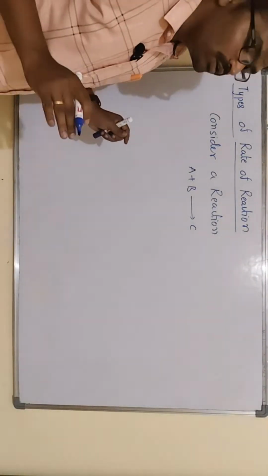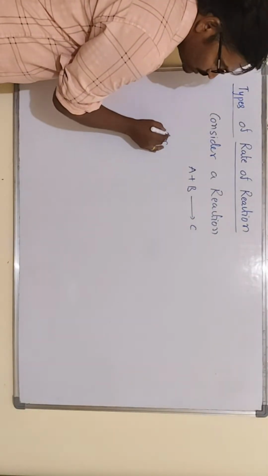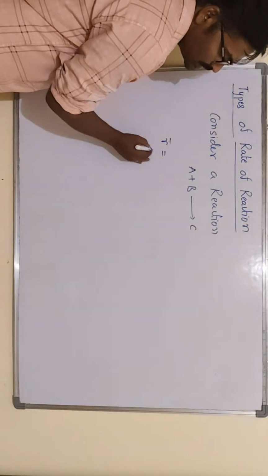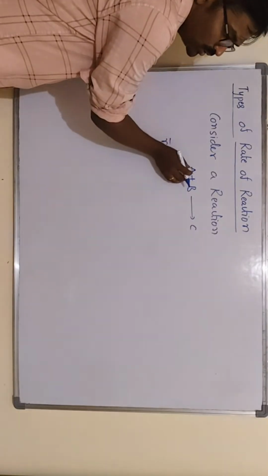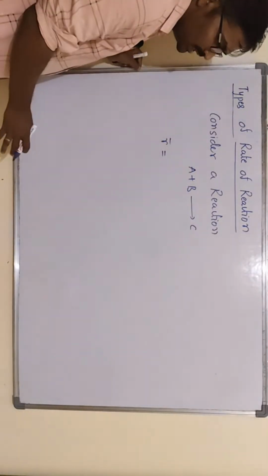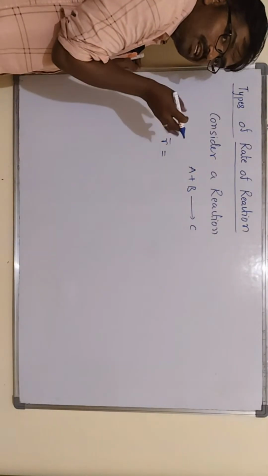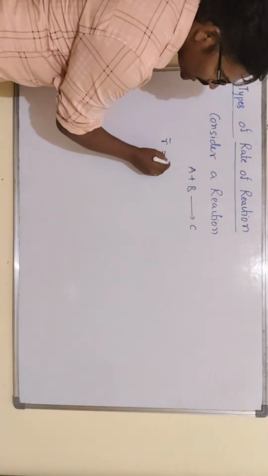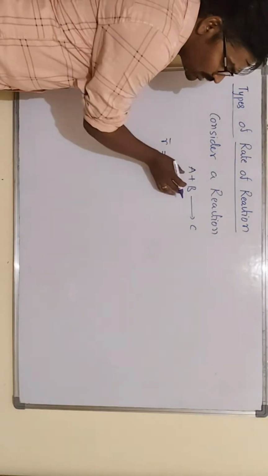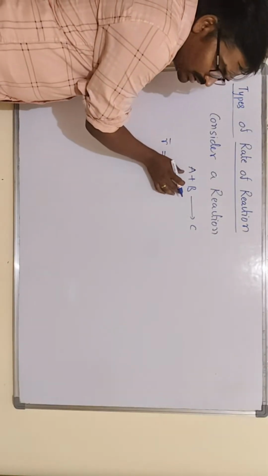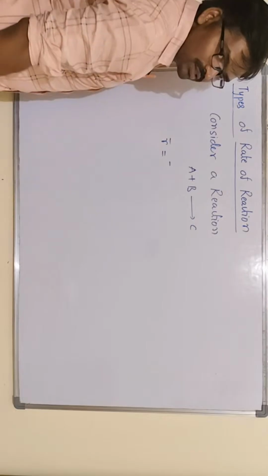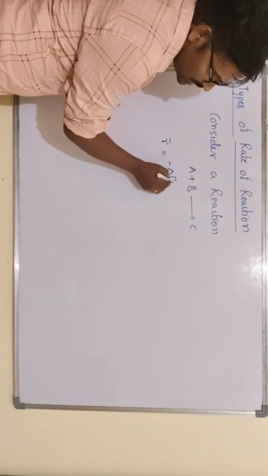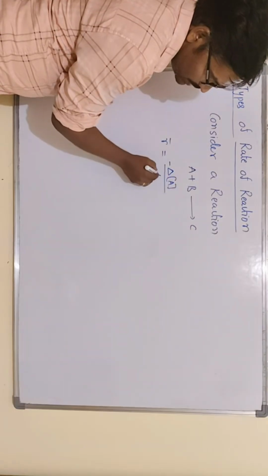The average rate of reaction is R bar. To represent it with respect to A, B and C: take a negative sign for reactants and a positive sign for products. With respect to A, it is minus delta concentration of A divided by delta t.